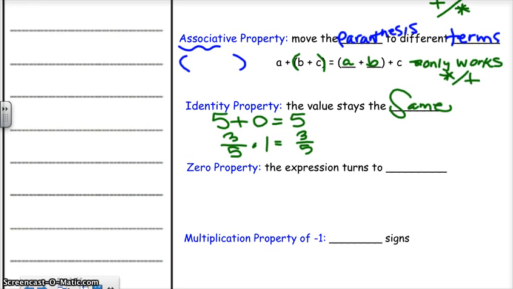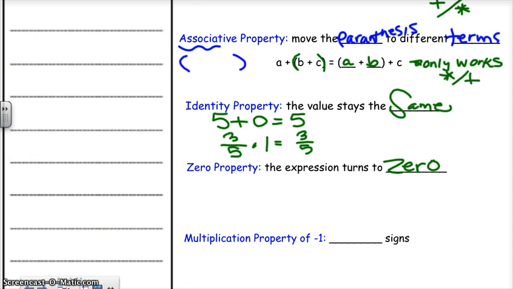Okay, ready for this intense one? Zero property. Oh my gosh, what's going to happen here? The expression turns to 0. Wow, genius. The expression turns to 0. So you have addition and multiplying again.